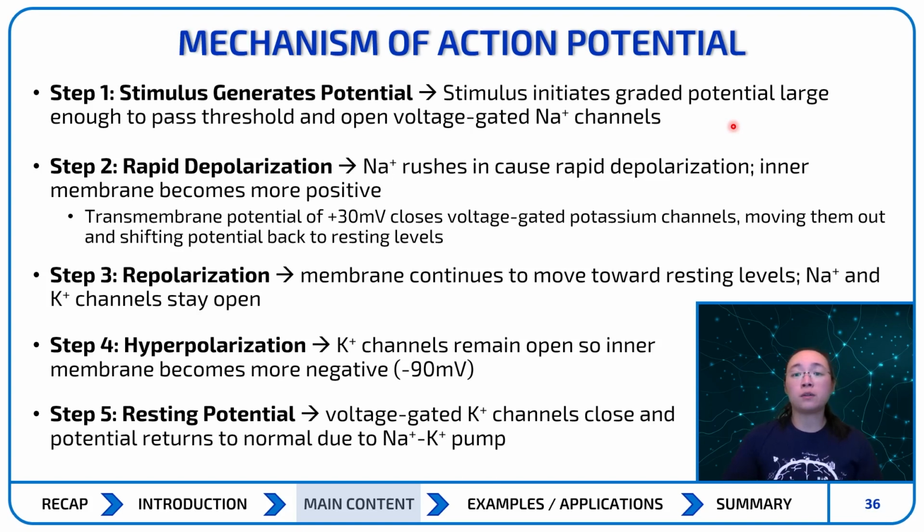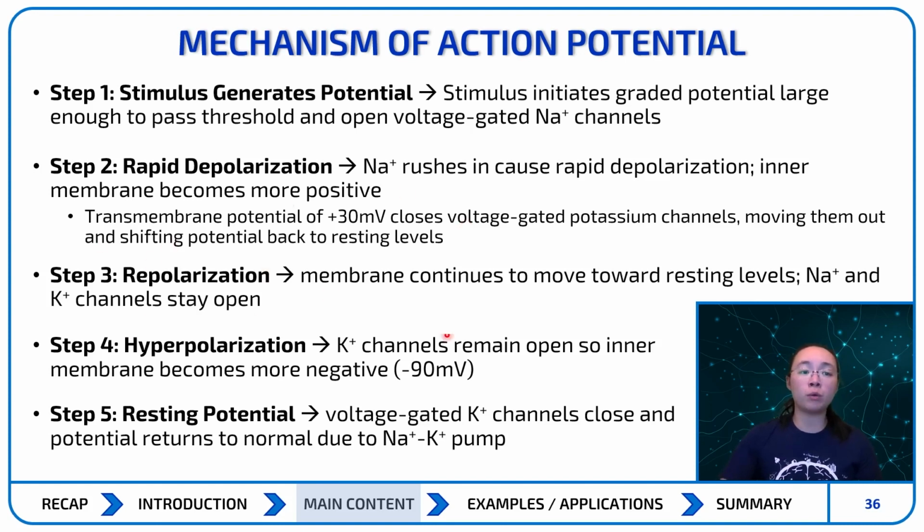Step 2, there's a rapid depolarization as it overshoots to plus 40 millivolts. Sodium is going to rush in, cause rapid depolarization, and the inner membrane becomes more positive. That means the transmembrane potential of plus 30 millivolts closes your voltage-gated sodium channels and opens the potassium channels, moving potassium out to shift the potential back to resting levels.